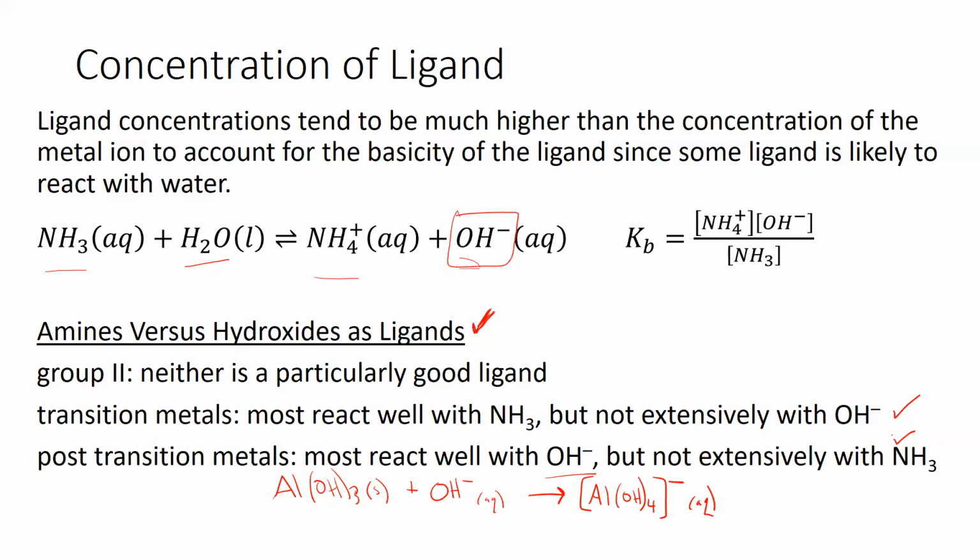If you get a question about the solubility of a complex ion or something like that, you're going to get plenty of background information to help you sort of navigate that question. I'm not expecting you to memorize solubility, but you should know transition metals tend to react more with ammonia. Post-transition metals, things to the right of the transition metals in the main group, tend to react better with the hydroxide. So, a lot of background information there.